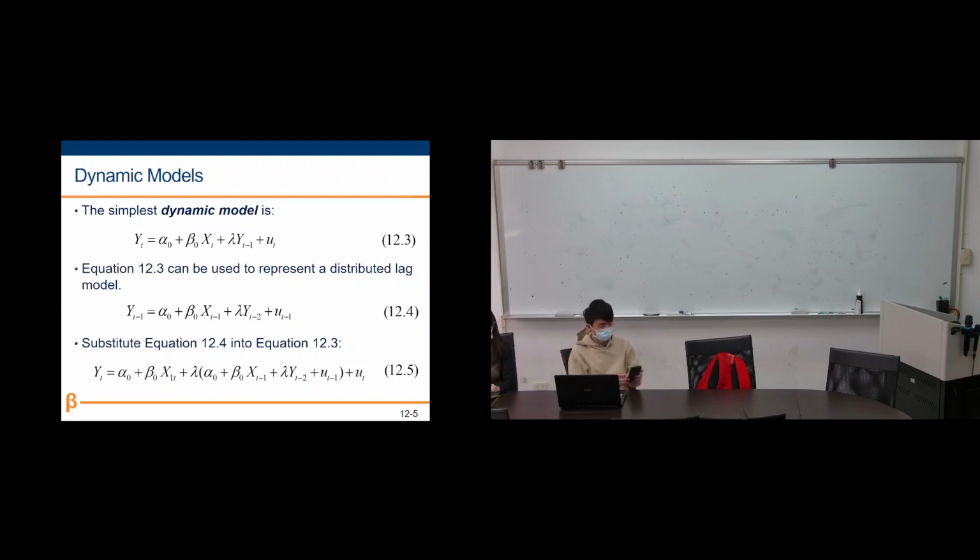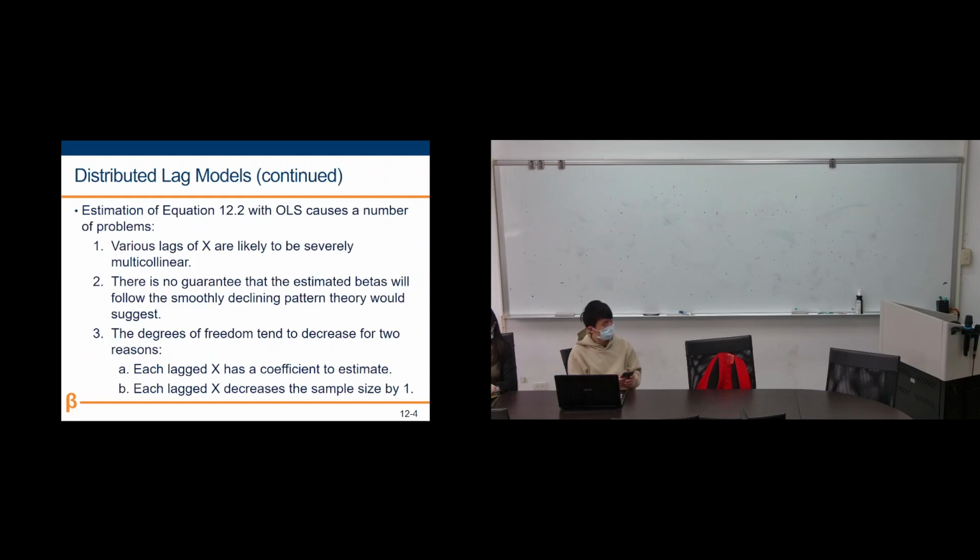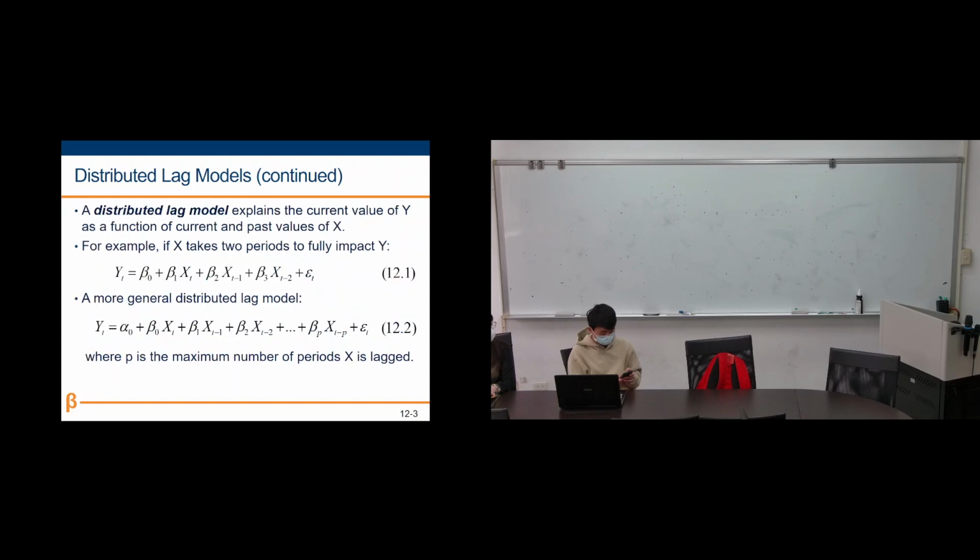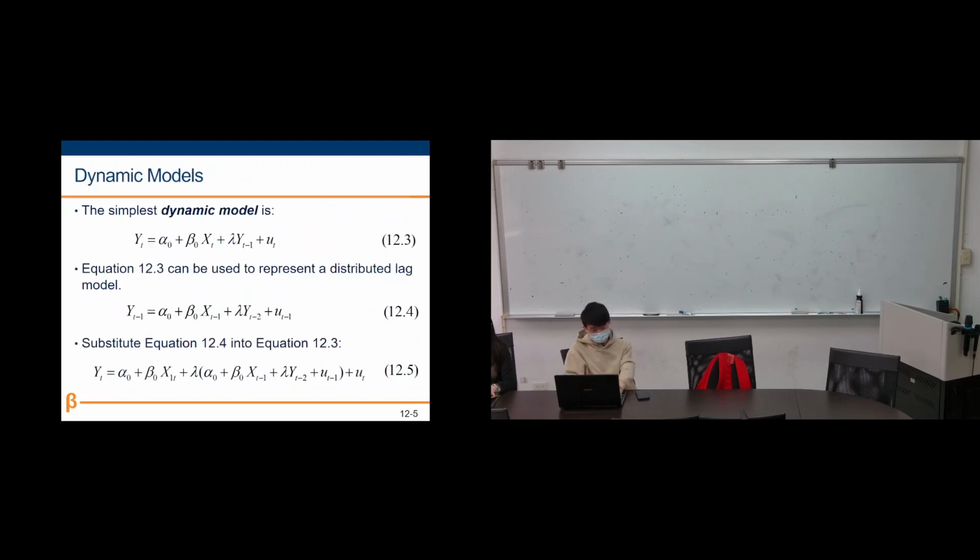The distributed lag model has lagged independent variables. Do you see the difference? The lagged independent variable is what we call the distributed lag model, and the dynamic model has the lagged dependent variable. That's the difference.